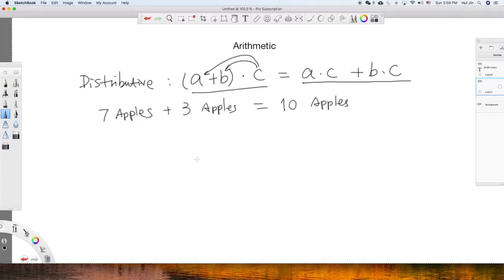And in here, we're really using the distributive law because this thing equals (7 plus 3) times apples. And this step of 7 apples plus 3 apples equals (7 plus 3) apples equals 10 apples, this step of taking out these apples, which are of course the units, is called pulling out the factors.